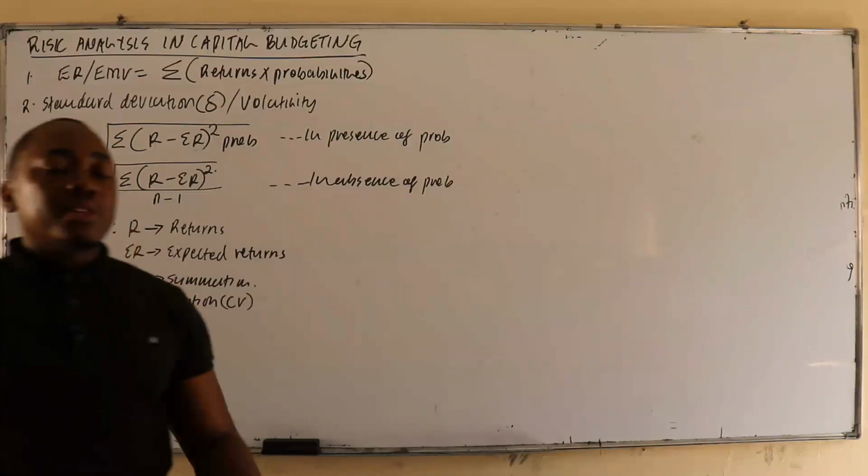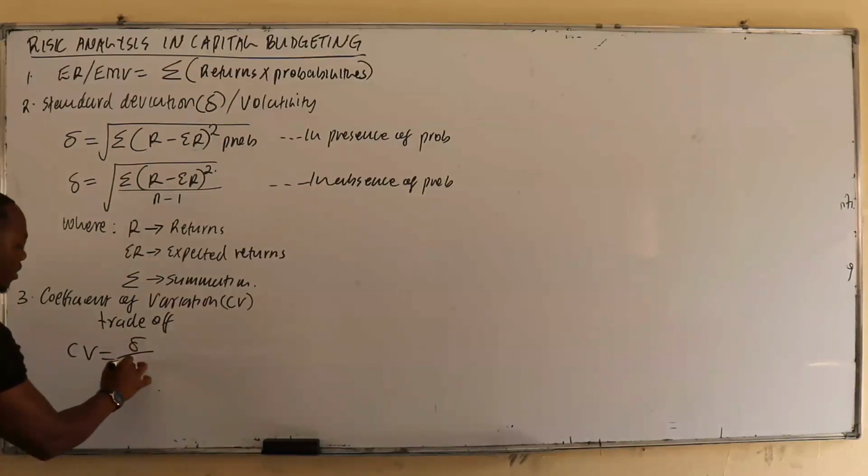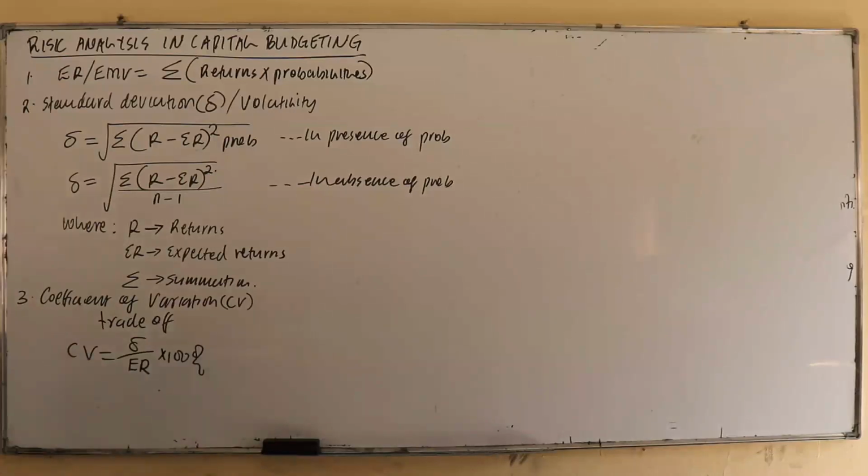It's determined as follows. So how do we get the coefficient of variation? You take standard deviation, you divide by expected return, you multiply by 100%. Yeah, that's how you get CV.